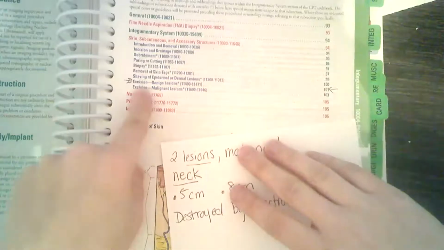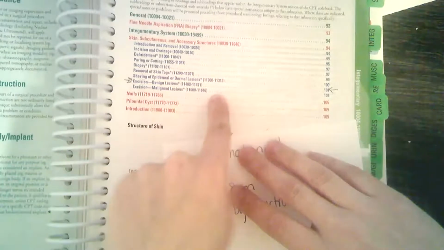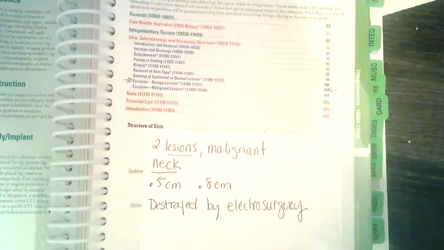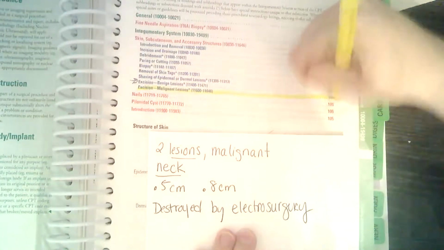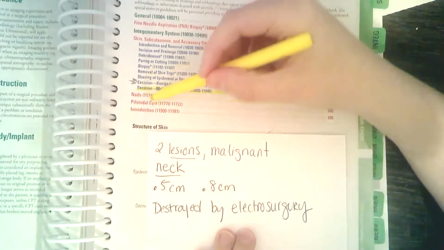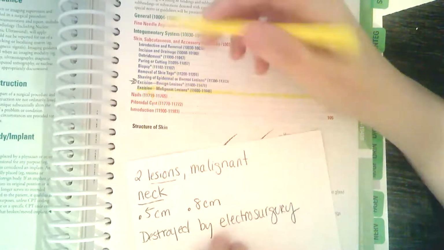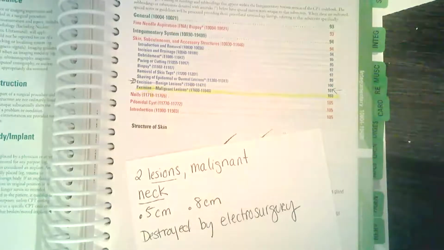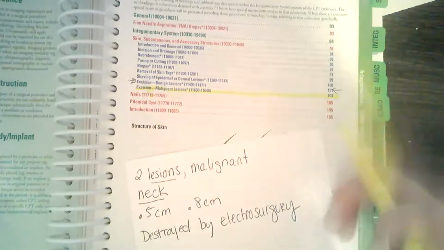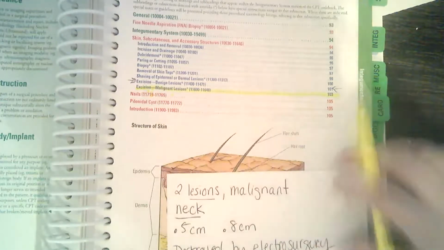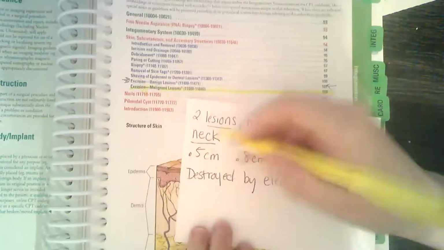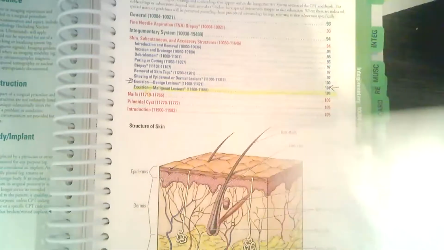We have excision right there, and I'm betting that some people went to excision instead of destruction. Or the other thing I thought might have come up is burns, which are when we add things together. That's not the case with lesions. We're not going to add them all together. We are going to code them separately, okay?